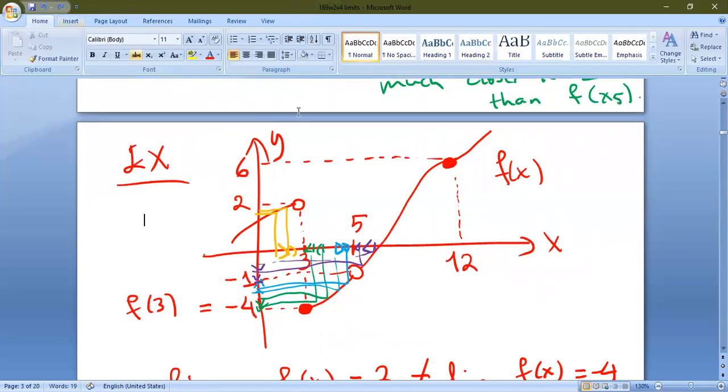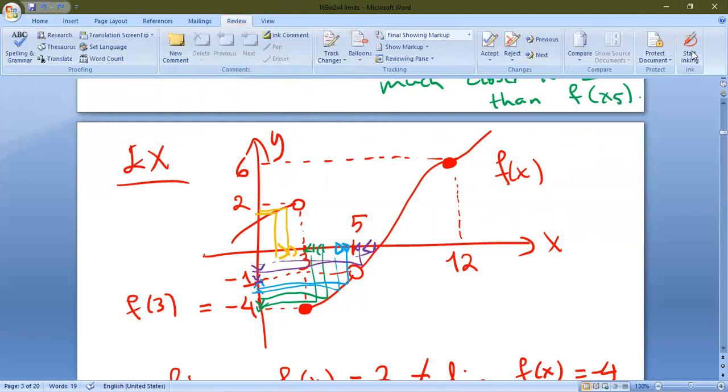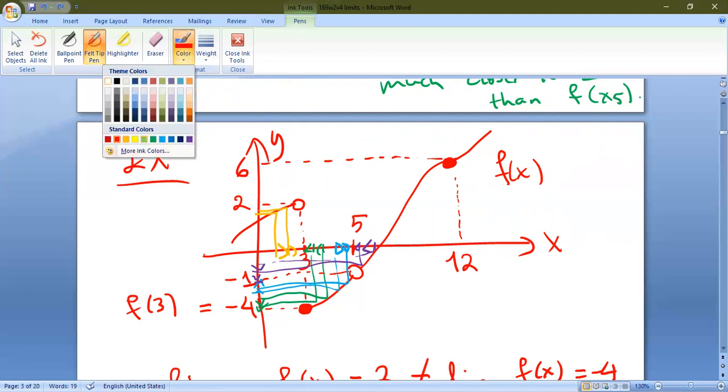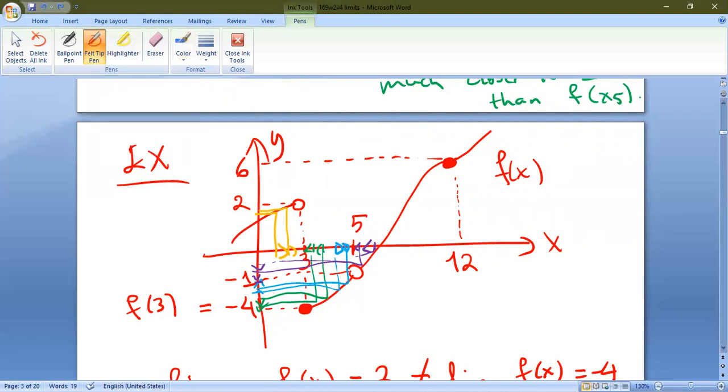Okay, so I'm just going to change the coloring of this thing here to something different. I'm going to make this an empty circle. So that means, let's say the function isn't defined as 6 at 12, but let's say it's defined as something else, some other number, let's say minus 7.